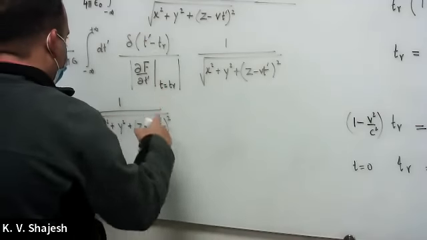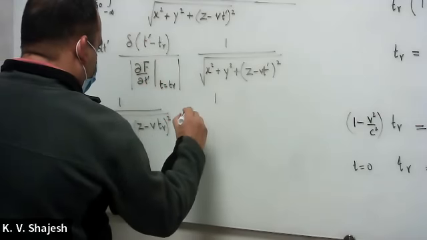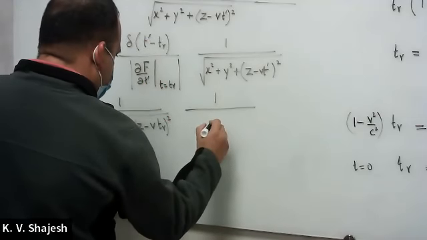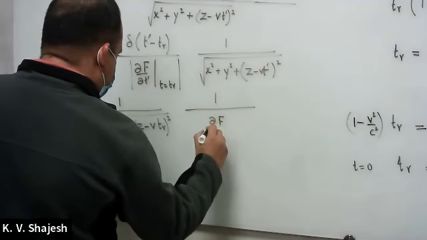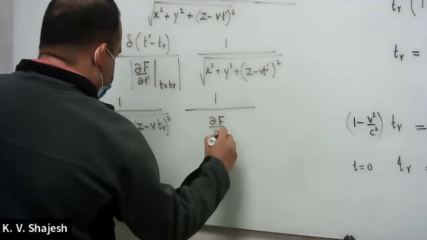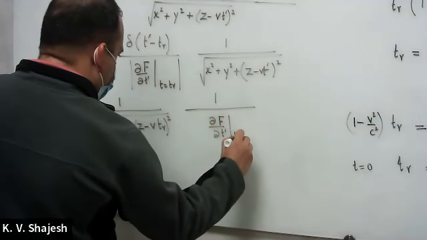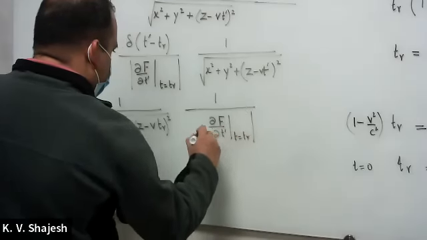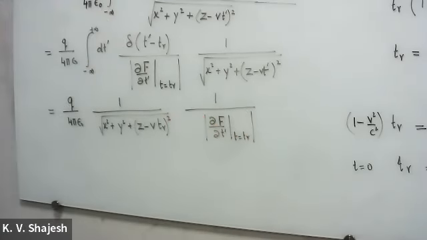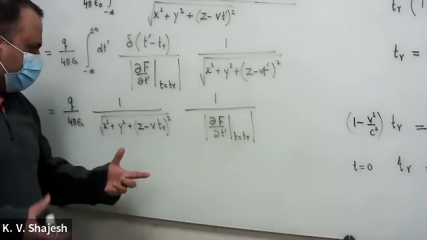And this piece is 1 over the derivative of f with respect to t prime, evaluated at t equal to t_R. That's our electric potential. So we have done all the integrals, except that we have to process this.